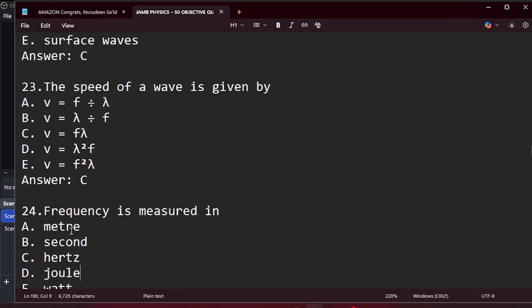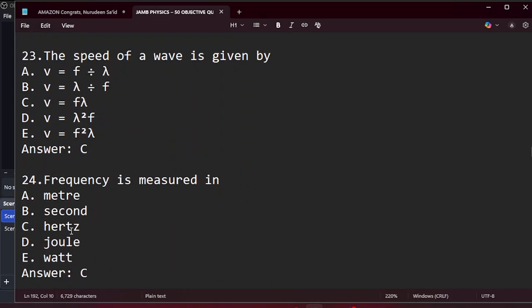Question number 23. The speed of a wave is given by A. Velocity is equal to frequency divided by wavelength. B. Velocity is equal to wavelength divided by frequency. C. Velocity is equal to frequency multiplied by wavelength.